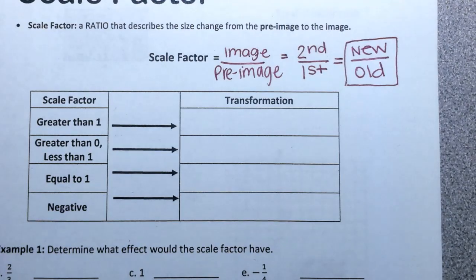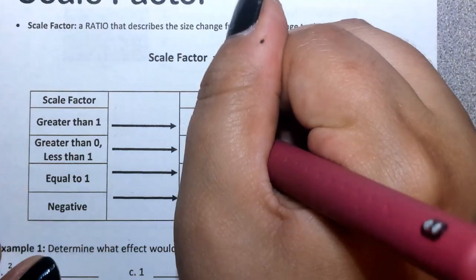So if I have a scale factor bigger than 1, if I multiply something by bigger than 1, what is going to happen to that? If I multiply something by 10, by 18, by 2, it's going to get larger. It is going to enlarge.